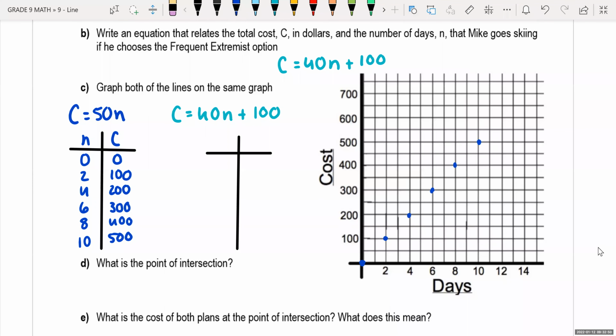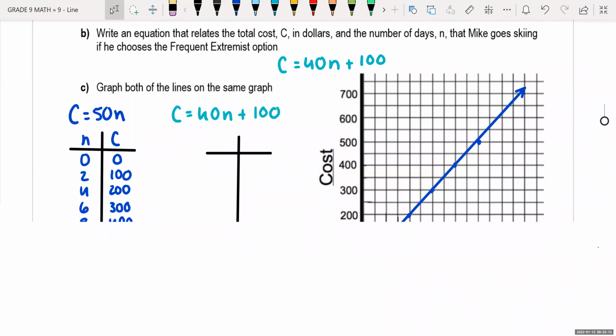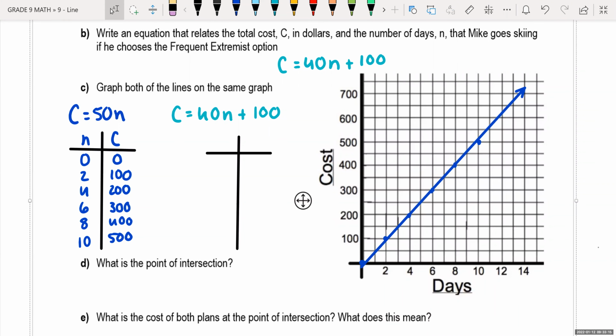And then you're going to connect all of the dots and join this line together. And I'm also going to label this line with the equation, which is C is equal to 50n.